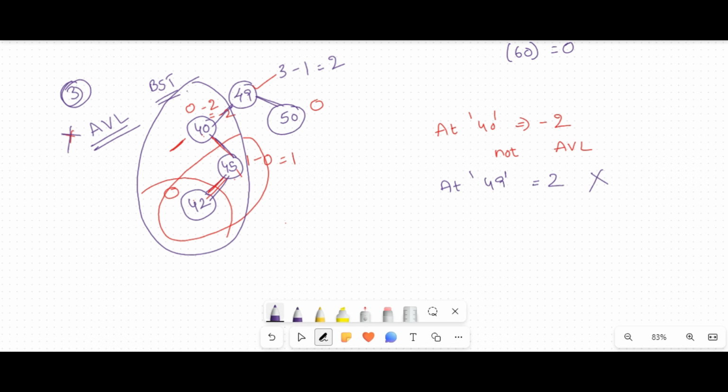In the next video, we will discuss how to balance. Now we identified the tree is not an AVL tree, so in the next video, we are going to discuss how to convert the unbalanced binary search tree into the balanced binary search tree. That is our next video. How to apply rotations, all these things we will discuss.